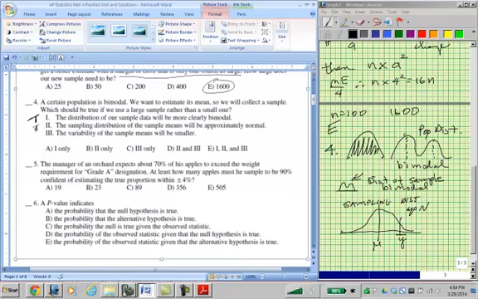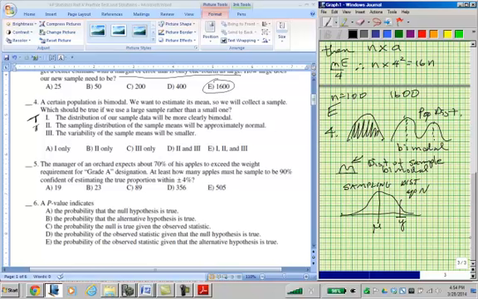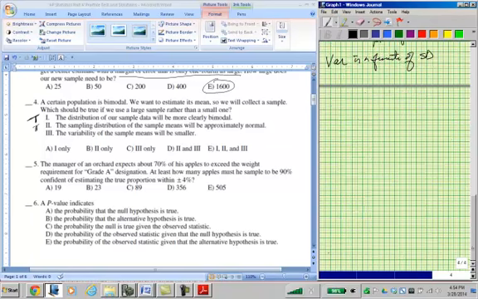3, the variability of the sample means will be smaller. So what does that mean? Variability is a function of the standard deviation.